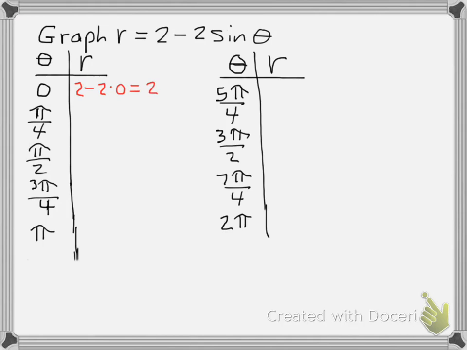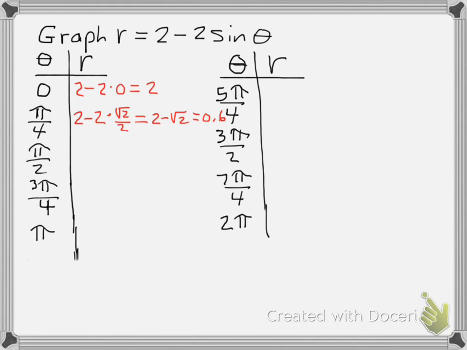If we use pi over 4, we're going to get 2 minus 2 times the sine of pi over 4, which is the square root of 2 over 2. So this will become 2 minus the square root of 2, which is about 0.6. So I'll try to squeeze in a 0.6 there.